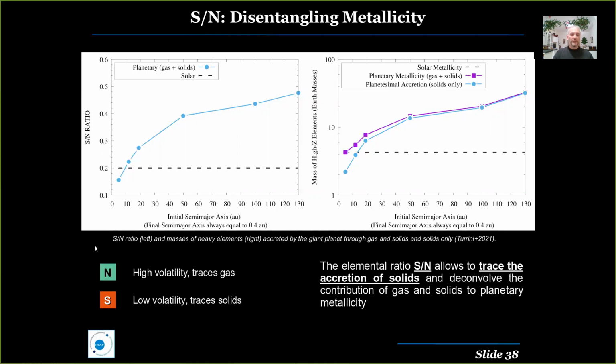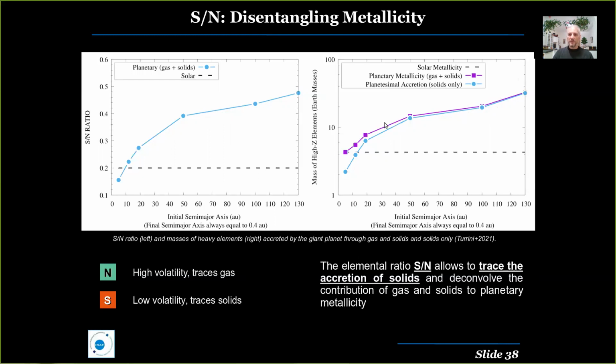As a result, for most of the extension of the disk, nitrogen can be considered as a tracer only of the gas, while sulfur can be considered as a tracer of the solids. If we look at the curve of the S over N ratio and the curve of the accretion of solids, we see that they share the same shape. So basically, the S over N ratio traces the accretion of solid materials, so planetesimals, by the giant planet.